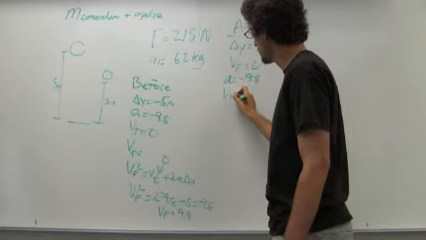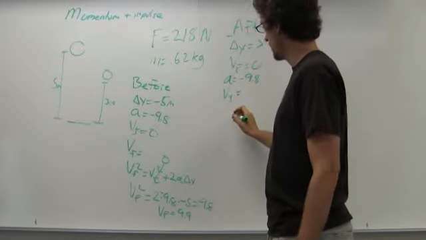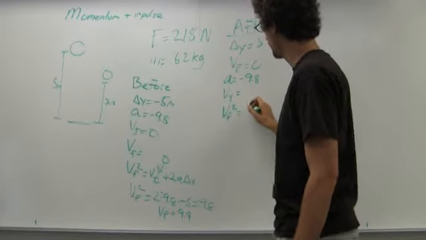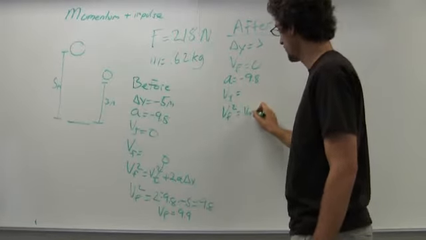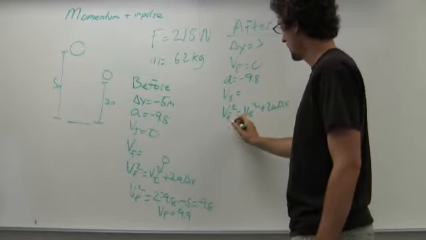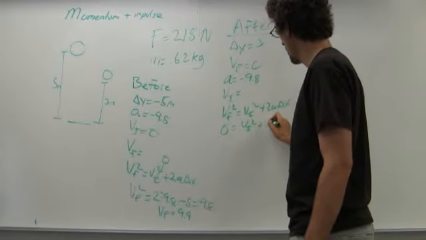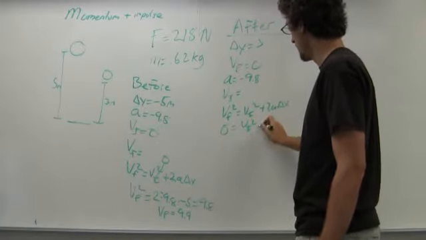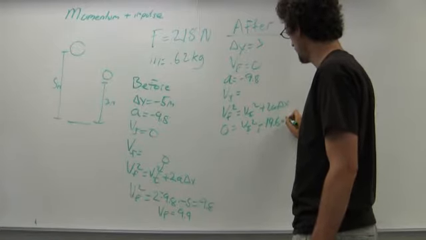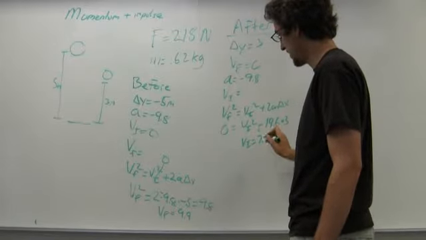Here we're going to take v initial and find it, using the same equation, v final squared equals v initial squared plus 2a delta x. We get 0 equals v initial squared plus, minus 19.6 times 3. And we get v initial comes out to be 7.7.